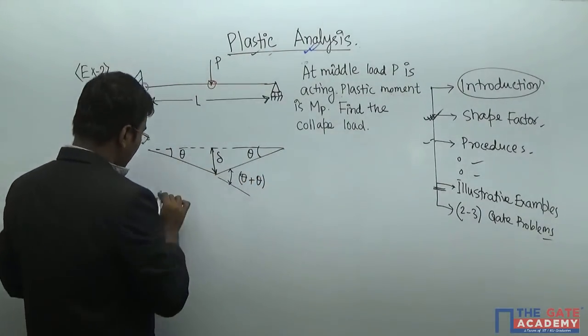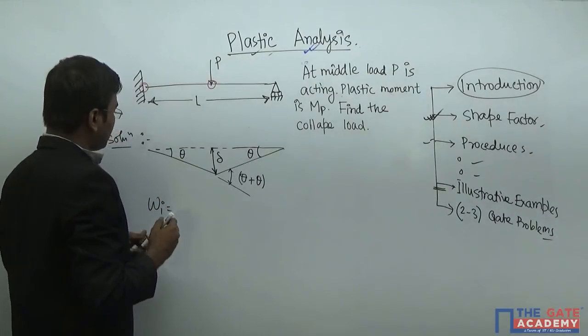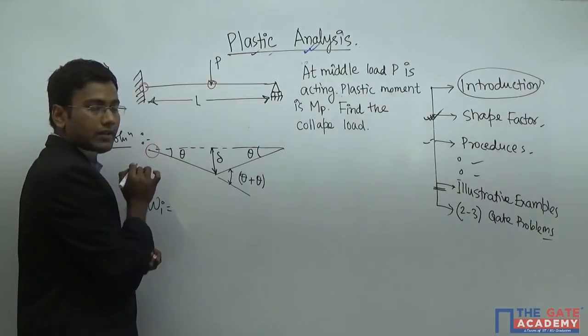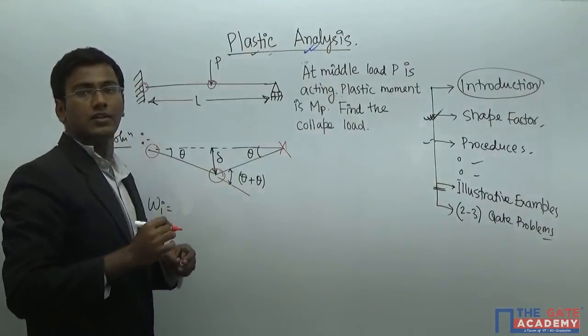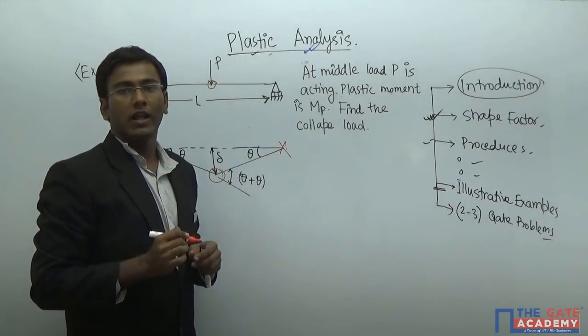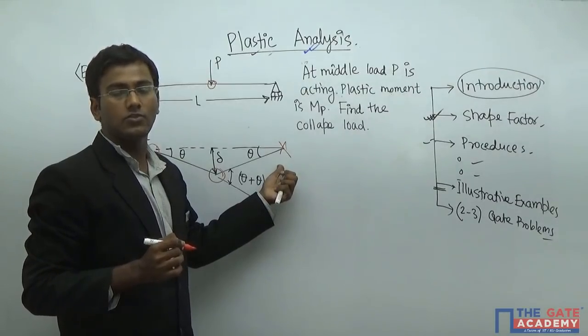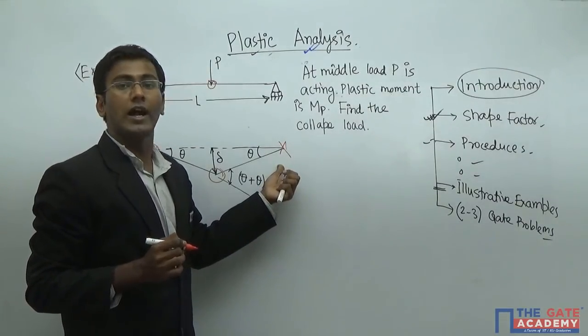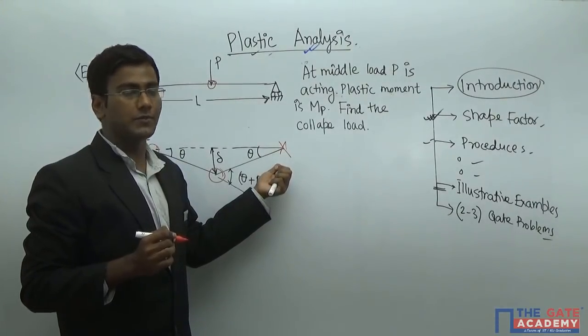So internal work, what is internal work? A plastic hinge has come here. There is no plastic hinge there. Please go through the plastic hinge locations. You can find that no plastic hinge will form at roller supports, as long as it is a continuous beam.